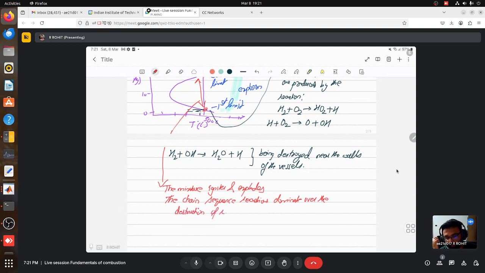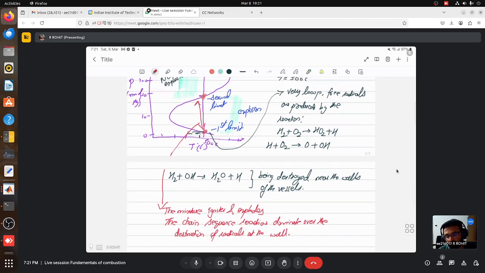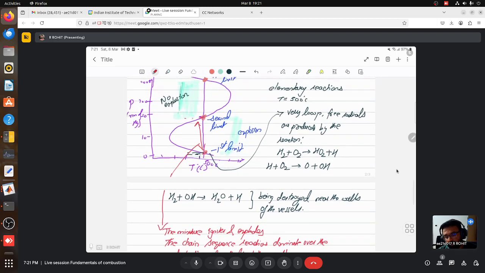That was the case below the first limit, where you have radicals destroyed at the wall. Now increasing the pressure results in an increase in the radical concentration, and the reaction rate increases non-linearly. This continues up to the point of about 50 mm of mercury.